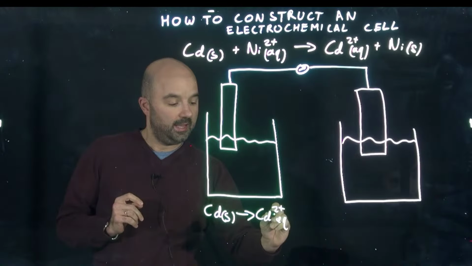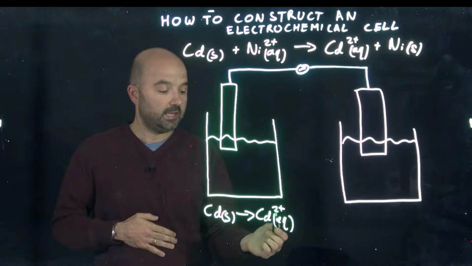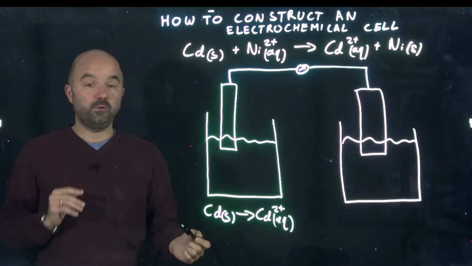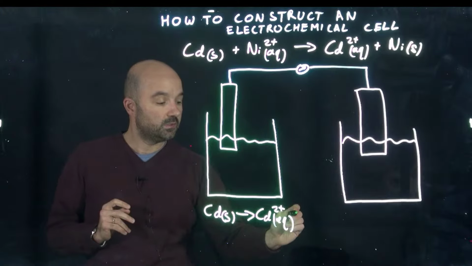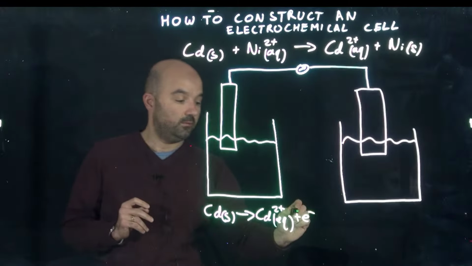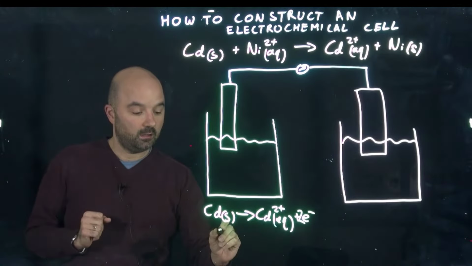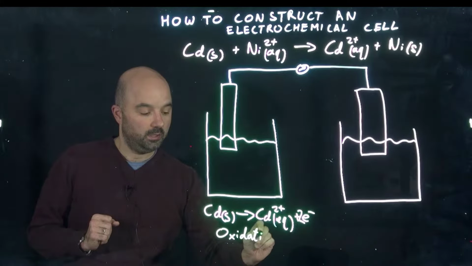And what we can see here, we're going from an oxidation state of 0 for the cadmium to an oxidation state of +2. So that's an increase in oxidation state. So therefore, we've got oxidation occurring. Oxidation is loss of electrons, so electrons are the product here. And in fact, we've got two of those. Okay? So this is our oxidation half-cell equation.